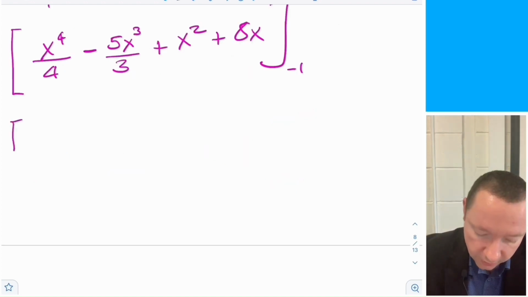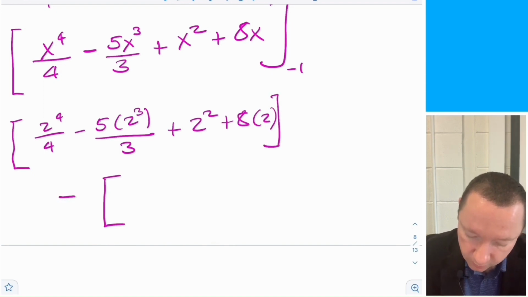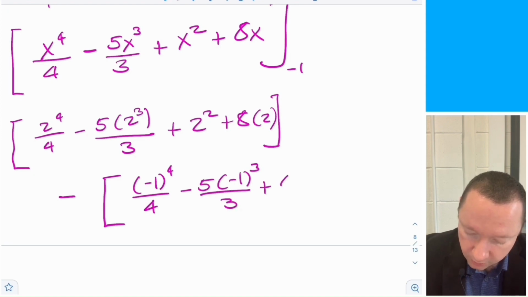So for our first bracket, we've got 2 to the power of 4 over 4 minus 5 times 2 cubed over 3 plus 2 squared plus 8 times 2. Take away our second bracket, minus 1 to the power of 4 over 4 minus 5 times minus 1 cubed over 3 plus minus 1 squared plus 8 times minus 1.